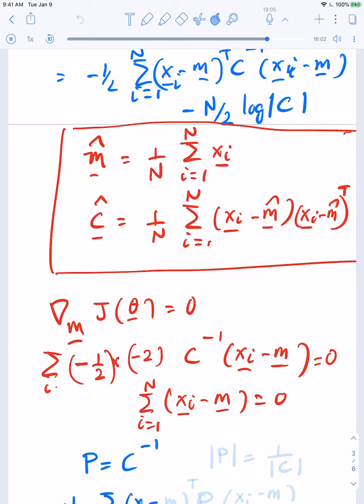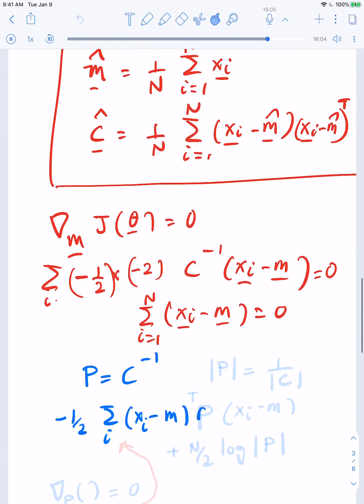Remember now that m is fixed, and I have to replace C inverse by P here. So (xi minus m) transpose C inverse, which is P, times (xi minus m), and then minus n over 2 log det C. Well, remember that the determinant of this is 1 over the determinant of the covariance.